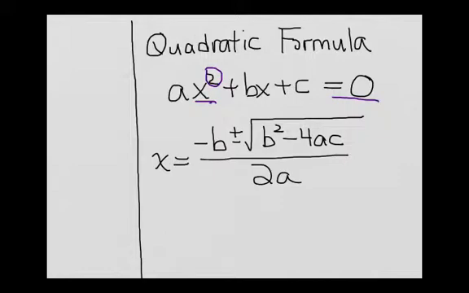And then the other one to note is that we're going to get two different solutions. One when we add the square root of b squared minus 4ac, and one when we subtract the square root of b squared minus 4ac. And that's so long as b squared minus 4ac is not equal to 0, because if it is equal to 0, then adding it and subtracting it from the opposite of b won't have any different effects.